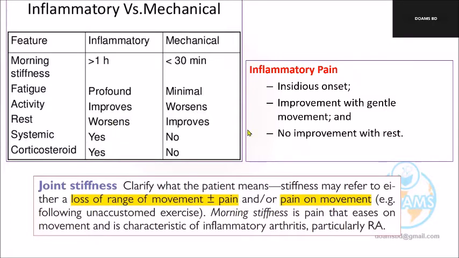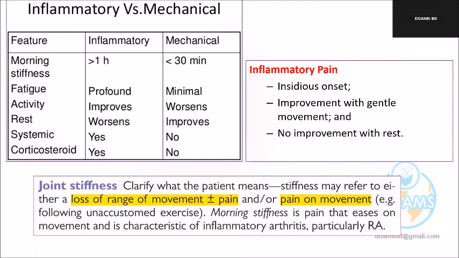And it is shown in the above panel that if the morning stiffness is more than 1 hour, it is more likely inflammatory. But like osteoarthritis, we tell that osteoarthritis is a non-inflammatory disease. In osteoarthritis also there is jamming. In their words it is said as gelling of the joint.